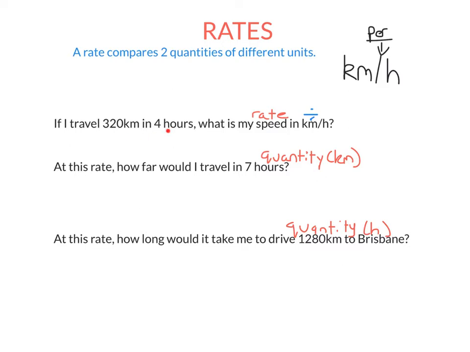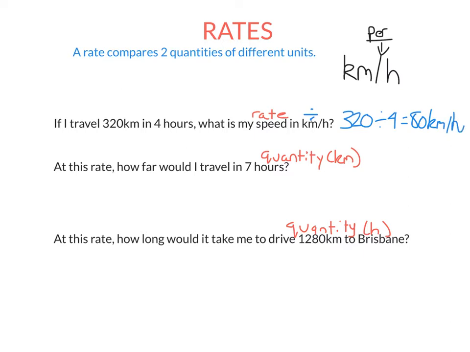I don't do 4 over 320. I do 320 divided by 4. I do kilometers first, divided by hours. So all I do is 320 kilometers divided by 4 hours gives me 80, and it's in kilometers per hour. So this is my speed.